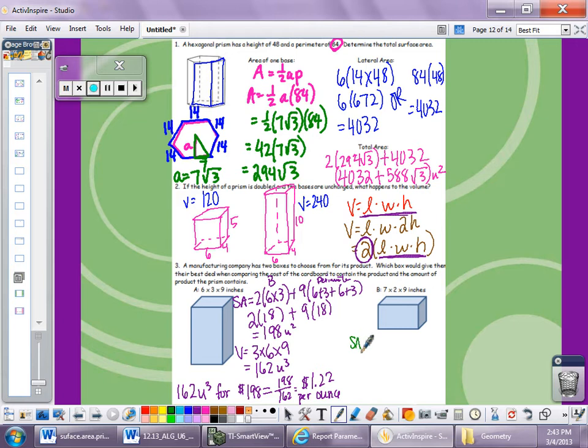So for this one, my surface area is, and I'm going to skip through some of the formula, I'll set it up. 7 times 2, because that's the base, plus 9 times 7 plus 2 plus 7 plus 2. So this gives me a surface area of 190 and a volume of 126.